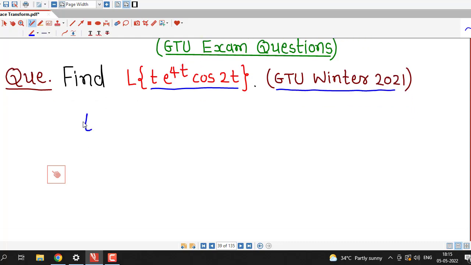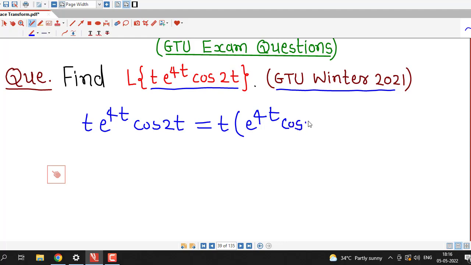In this function, we can observe that the function is multiplied by a power of t, and we also have an exponential function in the product. So what we can do first is write our function either in this way, t times e raised to 4t cos 2t, or in this way, e raised to 4t times t cos 2t.